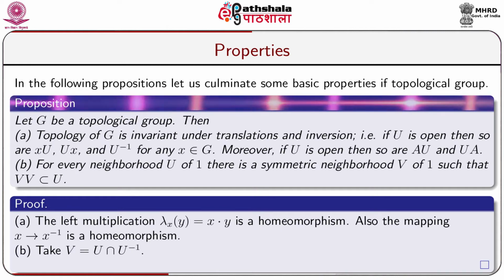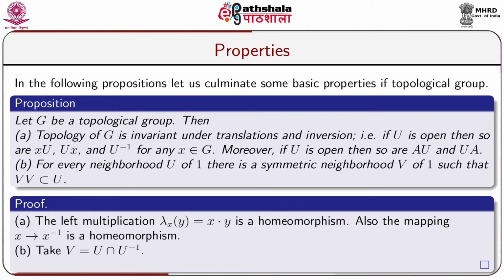It can be easily observed that for each x, the map y goes to x dot y is a homeomorphism. That means for each x, the left multiplication lambda x is a homeomorphism because the multiplication is continuous and the inverse function is continuous.